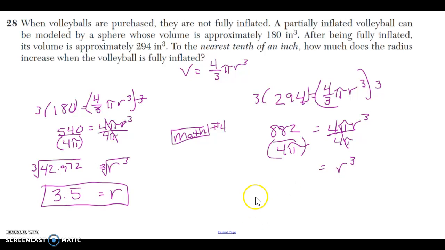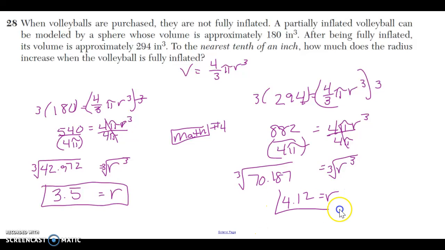and you get 70.187. Again, to undo the cubed, it's math number 4, the cube root of 70.187. So math 4, 70.187 gives me 4.12.